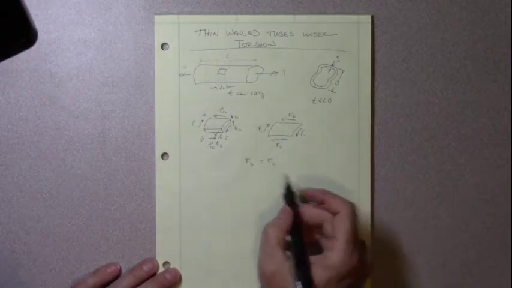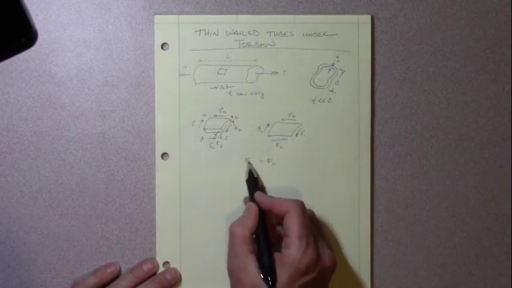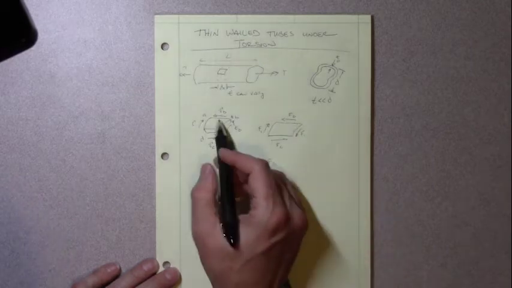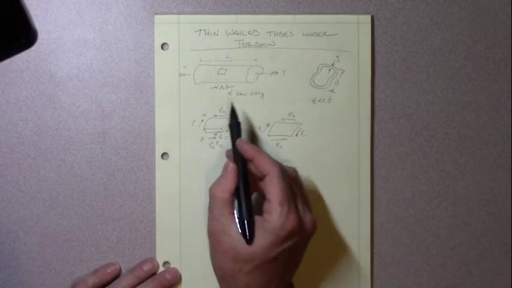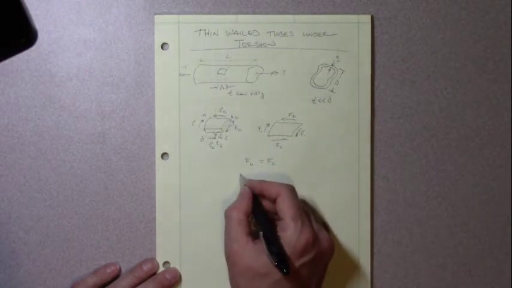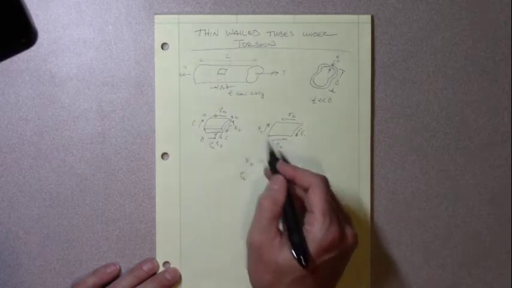Now, what we need to do next is take a look at how we calculate F_B. The force on that face is going to be related to our shear stress on that face. So we need the shear stress times the area on that face.